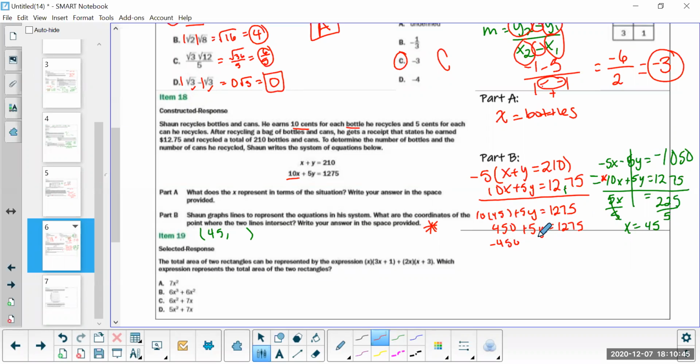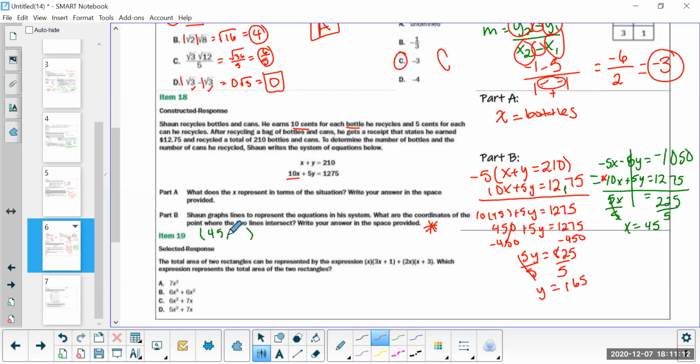Subtract 450 on both sides. So 1275 subtract 450 is 825. 5y equals 825, divided by 5. y equals 825 divided by 5, 165.